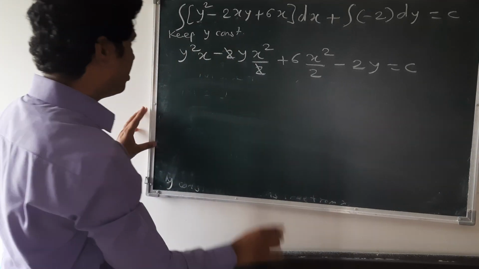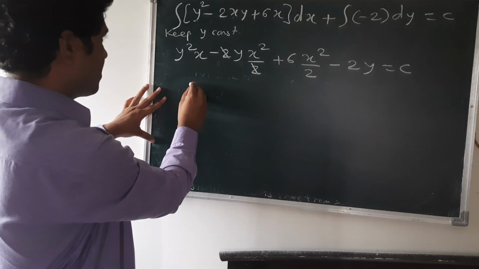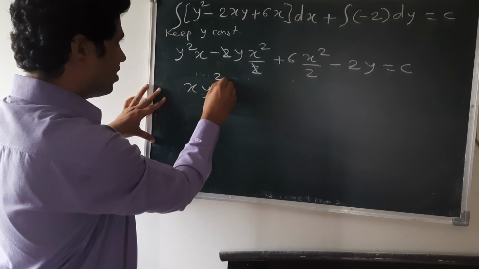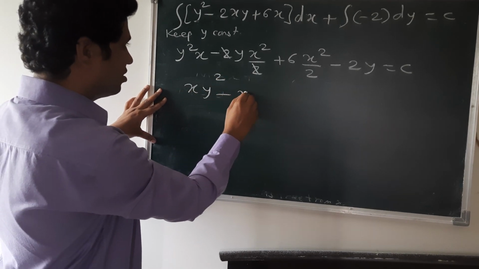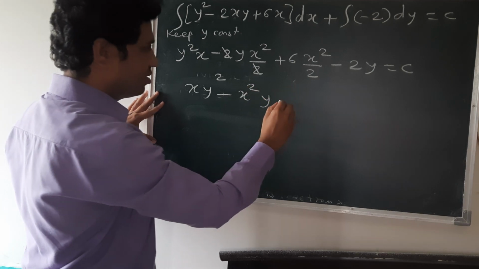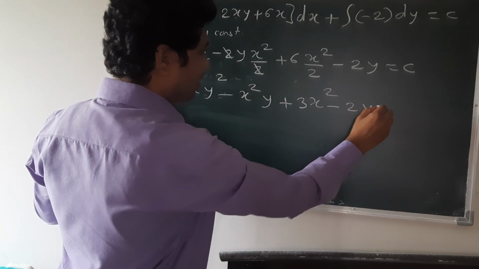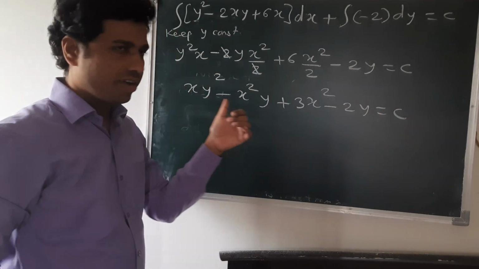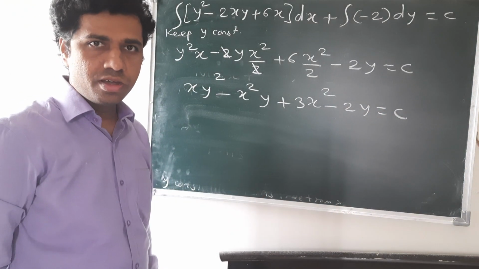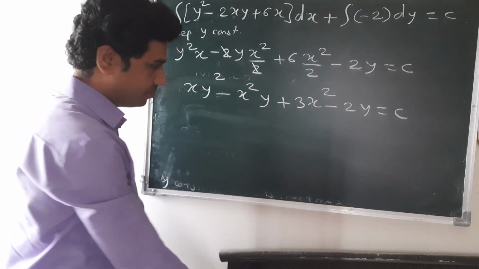Therefore our solution is xy² − x²y + 3x² − 2y = c. This is the required solution. Let us see another example.